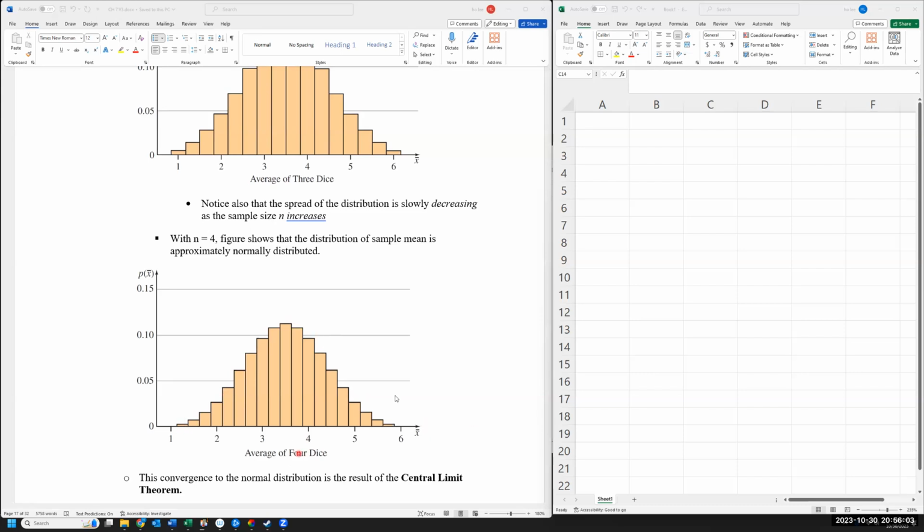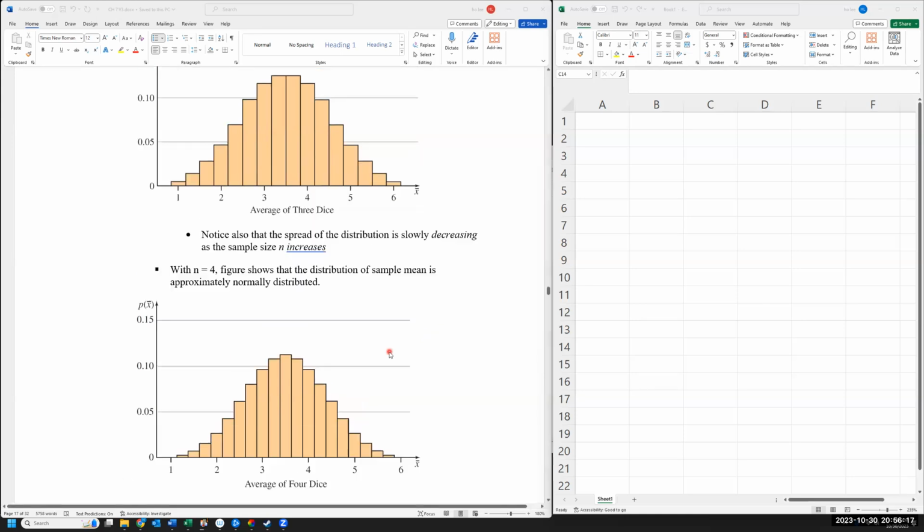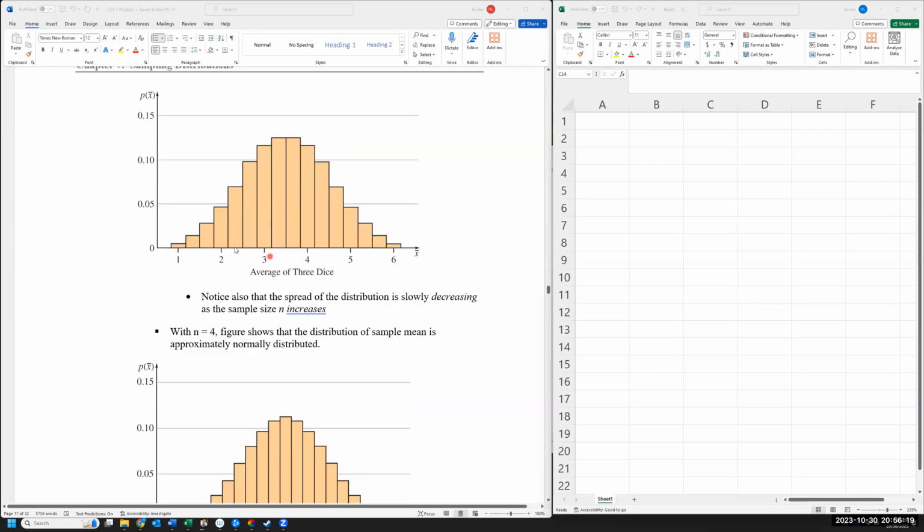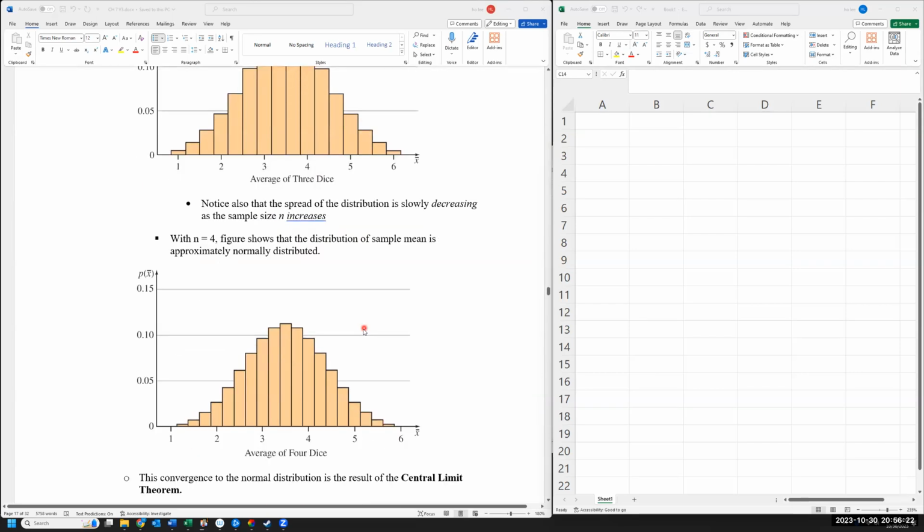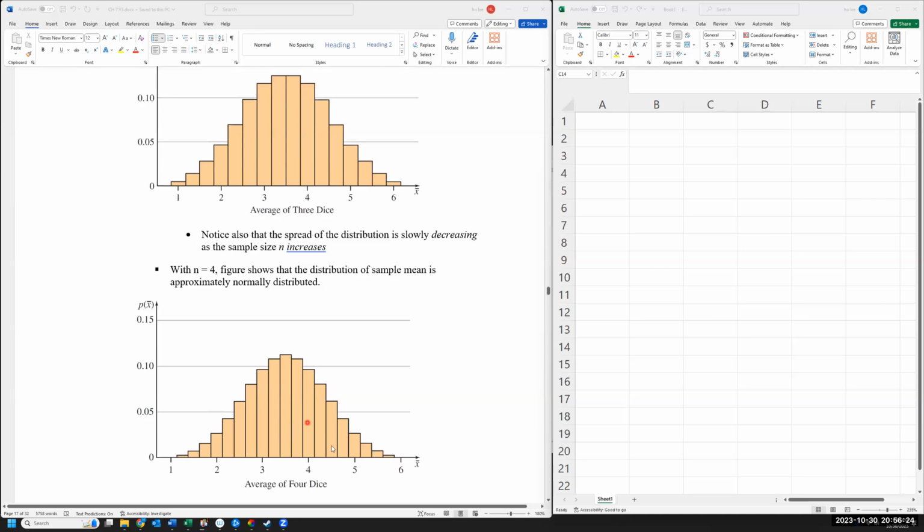You could see even with a sample of 3 and 4, n equals 3 or n equals 4, when you roll 3 dice or 4 dice, the distribution of the sample mean becomes fairly normally distributed here.